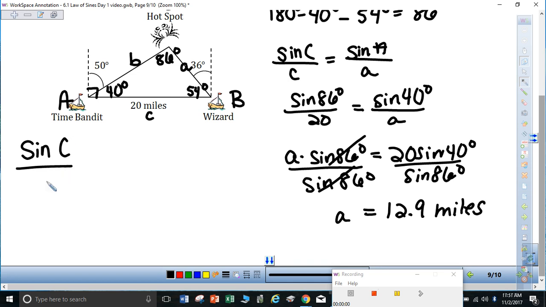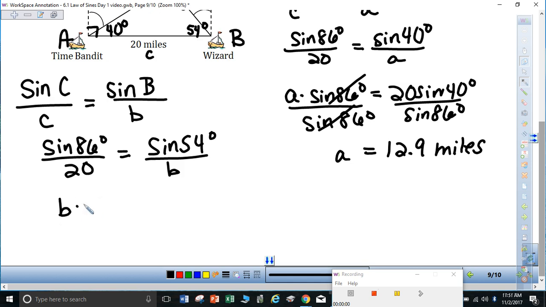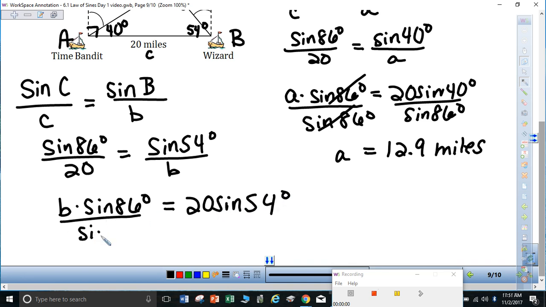So let's go ahead and see how far away the Time Bandit is. So that's going to be solving for side B. All right, we'll go ahead and divide both sides by sine 86.